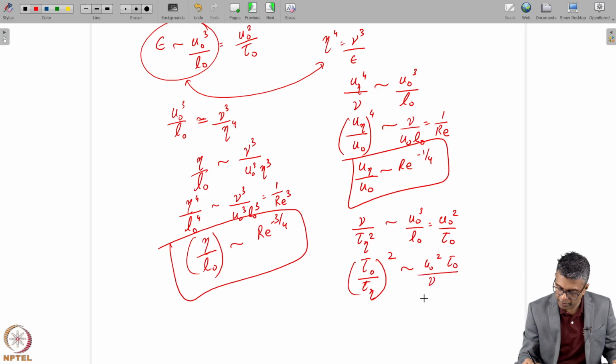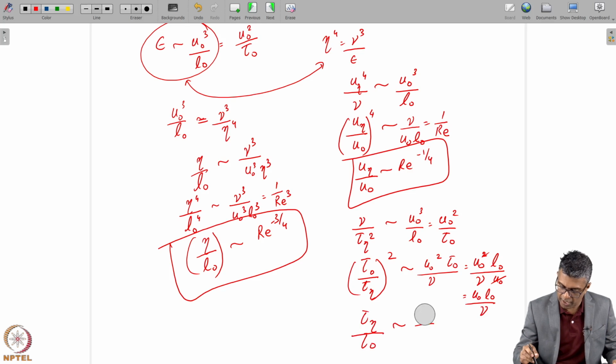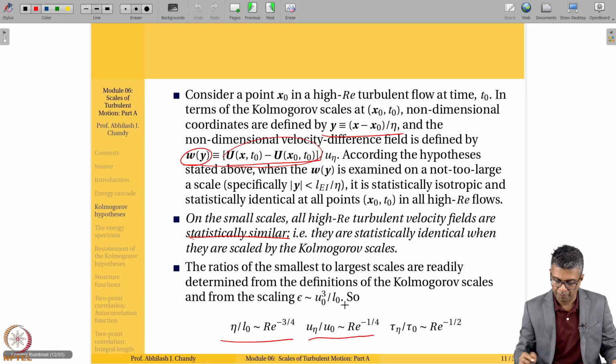And what I do here is, this is equal to u0 squared, and then tau 0, I will write it as L0 over u0, over nu. So one of them gets cancelled out, and then what I have is u0 L0 over nu. So tau eta over tau 0, I just invert it, is of the order of magnitude of 1 over Re, or I should just say it is the order of magnitude of Re to the minus half. This is my third equation as shown here.